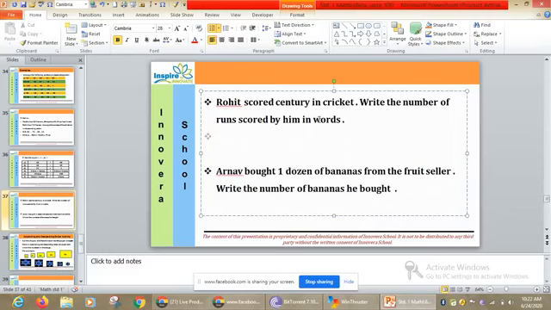Yes, century means to score 100 runs. So he has made 100 runs and 100 is called a century. That is 10 tens. It is also called 10 tens.